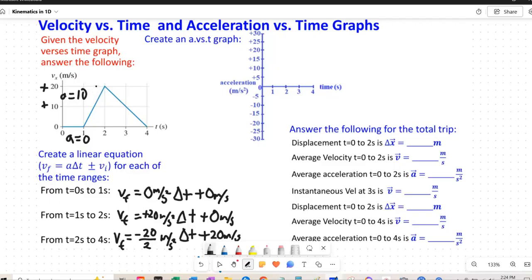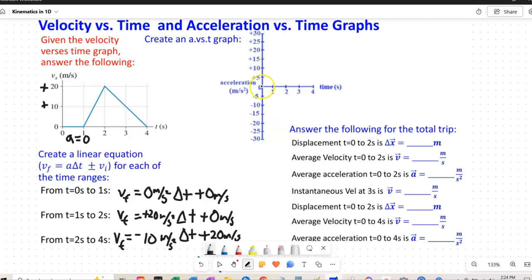I'm pretty sure you could just look down here. And I am going to call this negative 10. So let's just switch that to negative 10. Make it easier, right? We're going to need that for here anyways.